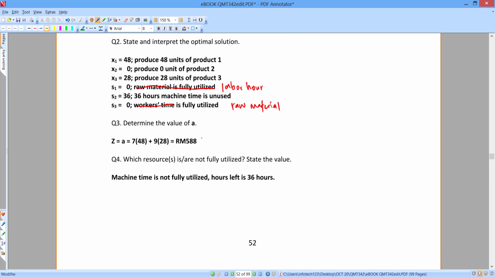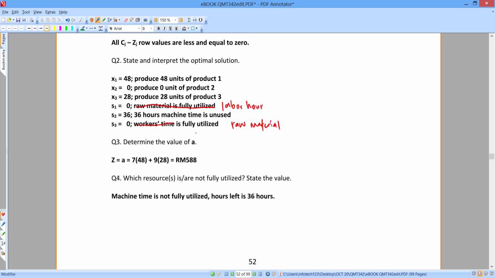Okay. Question number 4. Which resource is or not fully utilized? State the value. Okay. Kalau not fully utilized, maksudnya ada value lah untuk dia punya S value kan dalam optimal solution. So you check your S value, which one is not fully utilized.